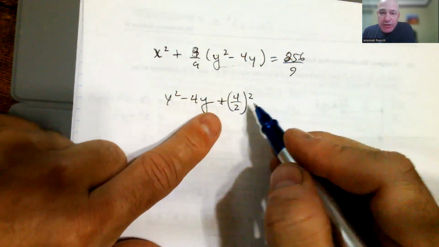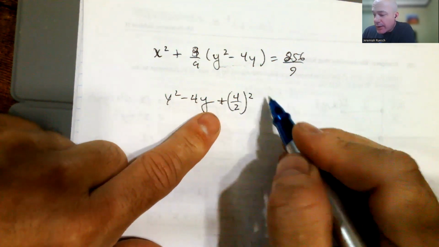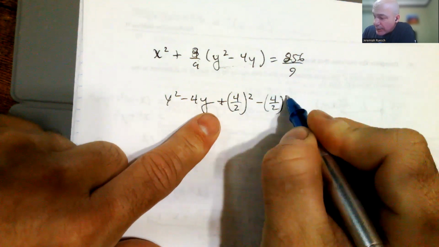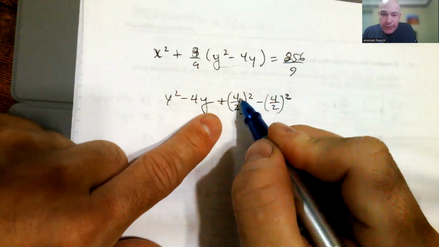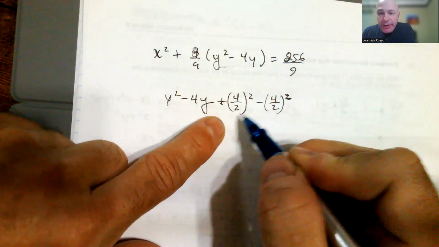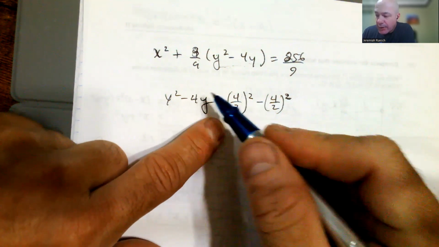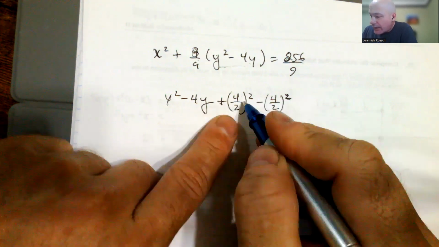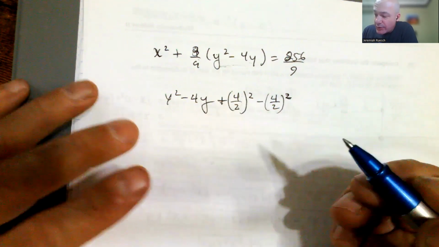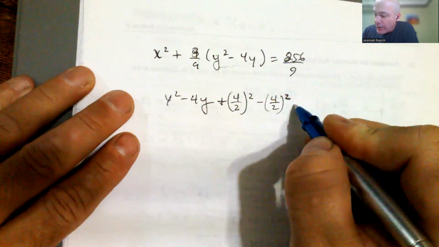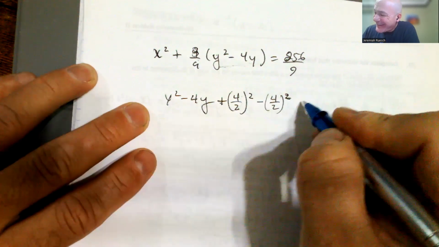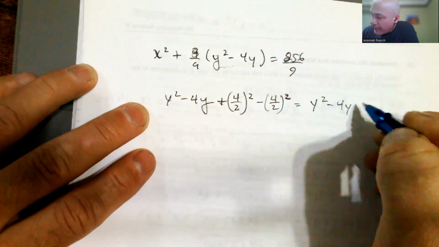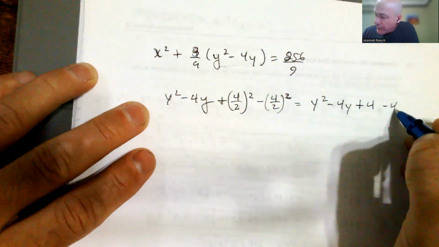But to do that without changing the value of this entire thing, I also need to subtract the same thing that I'm adding. So 4 over 2 squared. Now, I know that 4 divided by 2 is 2, but I wanted to show you that it doesn't matter what this coefficient is. You can do the same process. So you're going to get 4 over 2, which is 2 squared, and you're going to add and subtract that. So this is equal to y squared minus 4y plus 4 minus 4.